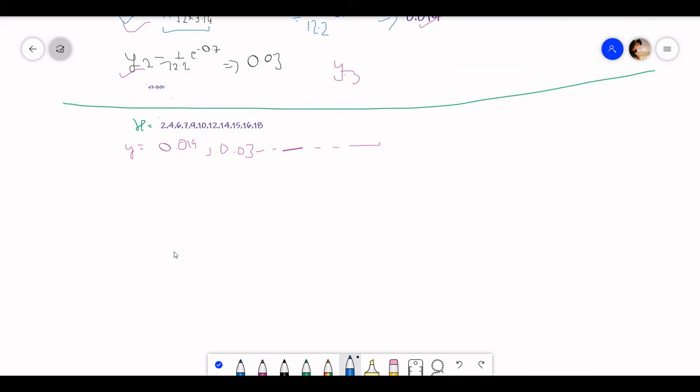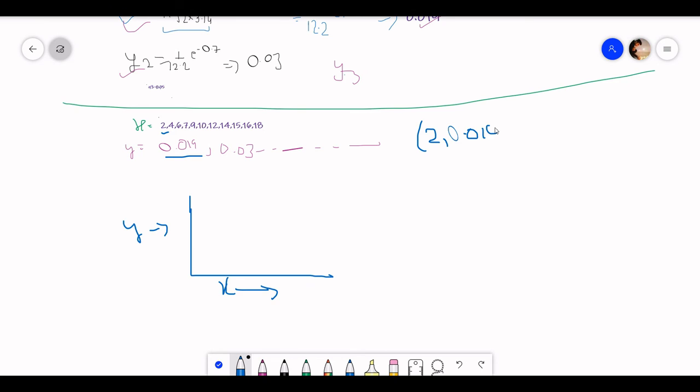So now, if I have y values over here and x values over here, and I put 2 and 0.019, it will be our first coordinate x comma y, 2 comma 0.019.